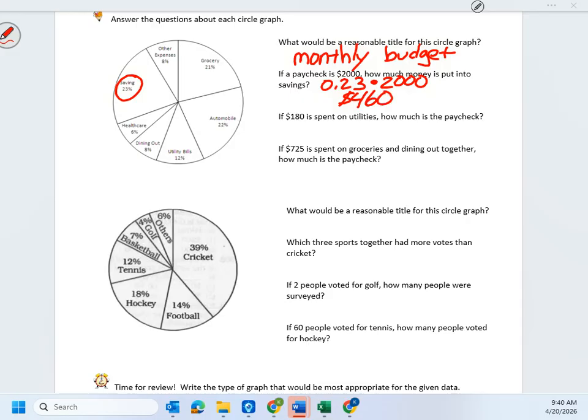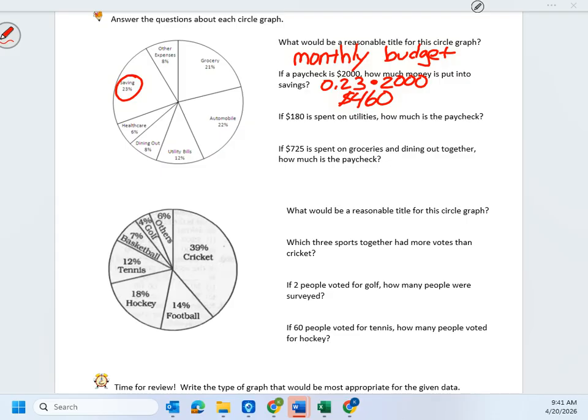Does that logically make sense? 23% is a little less than a fourth of our paycheck. It's going to be smaller than 2,000, right? It's going to be smaller than a half. So 460 logically makes sense. If I had gotten 2,500, I'd go, ooh, I went off somewhere. How can I put more money than what I made into savings? So you always have to look back on it.